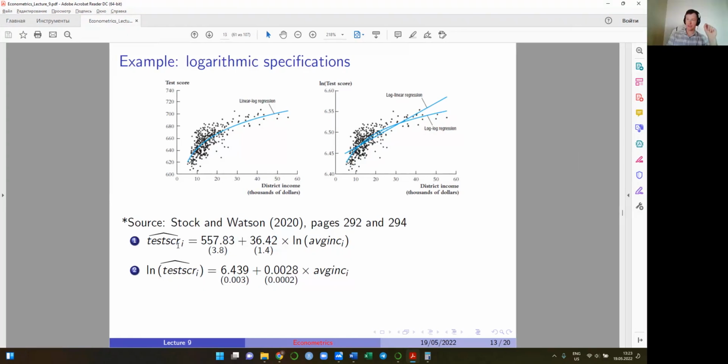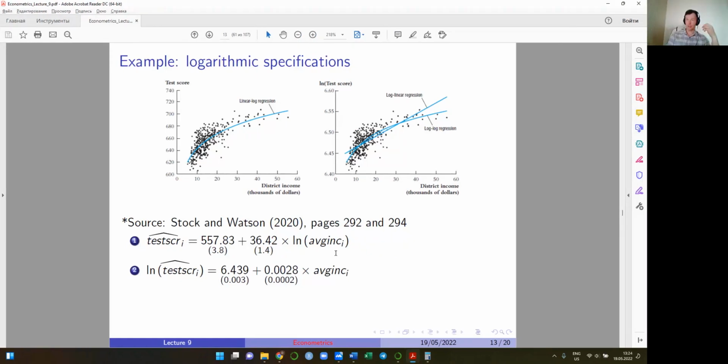But we cannot say that if average income changes by 10%, test score will increase exactly by 3.64. Why? Because delta x now is not small. So delta x must be small, like 1% is okay.